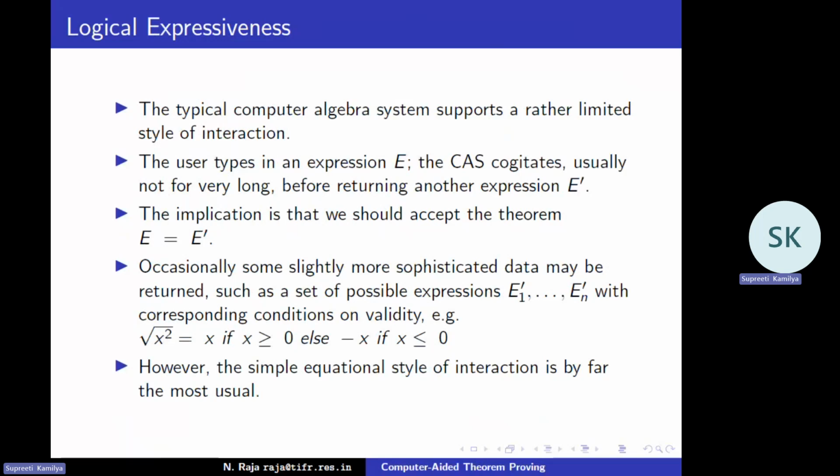The implication is that E is equal to E prime. Occasionally this can get slightly more sophisticated, where you have some additional side condition for this equality to be true. But what remains is a simple equational style of interaction. This is the most usual with computer algebra systems.